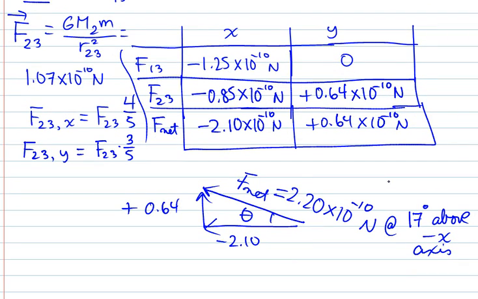Or if you like, you could write it as 163 degrees. Now you could also do this with law of cosines, but that might be a little bit messier with the algebra, but you're free to solve this whichever way makes sense for you.